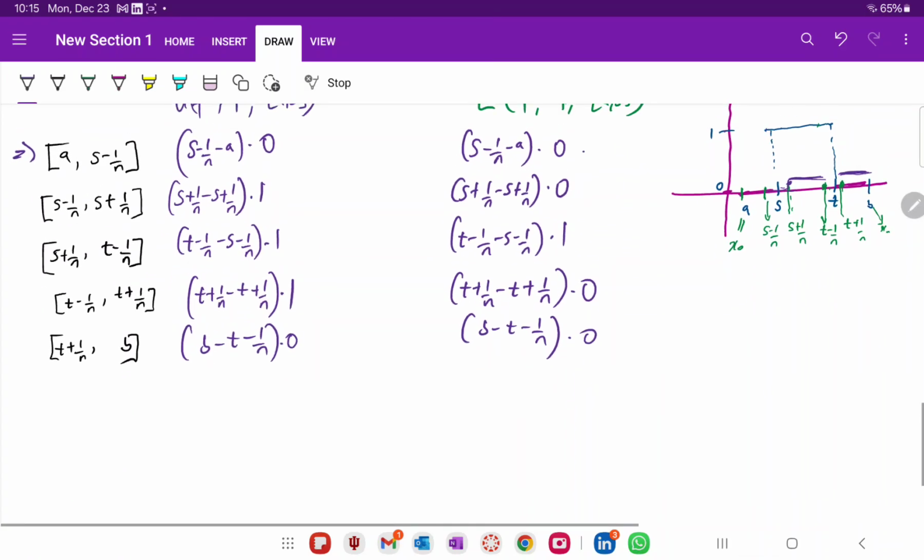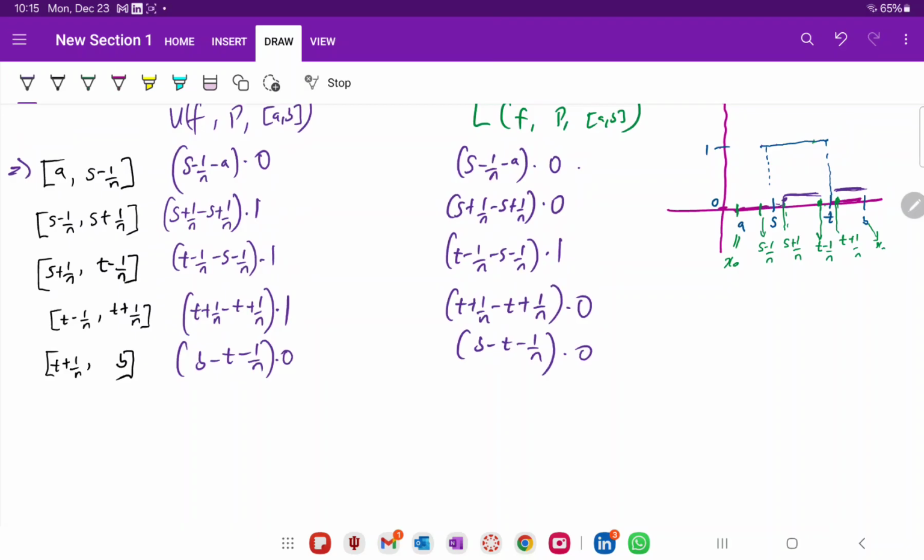Now we can calculate our upper Riemann sum and the lower Riemann sum. Here this is gone, because of that 0, this gone, this gone. So we have 3 contributions for the upper Riemann sum, whereas we only have this one that contributes to the lower Riemann sum.